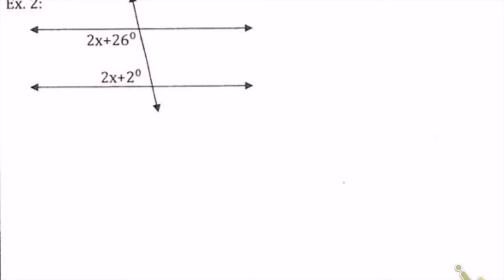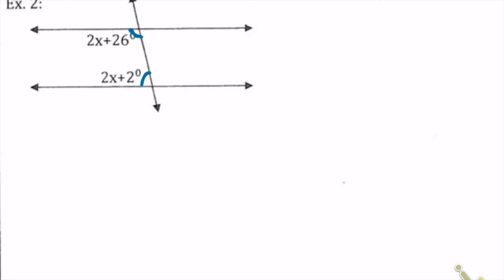So again, when we have an example, you've got to decide what kind of pair they are, what is their relationship. So we're looking at what kind of relationship this angle and this angle have. And that is not one of our more evident pairs. So let's see if you can identify what kind of relationship these two angles would have. These two angles are supplementary.